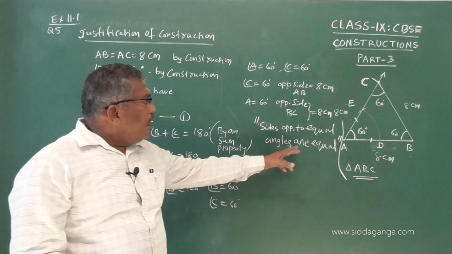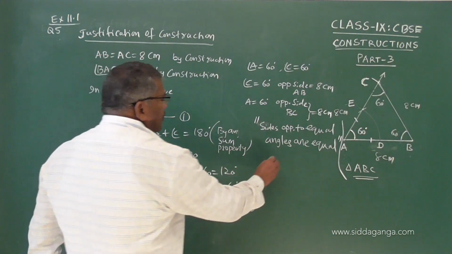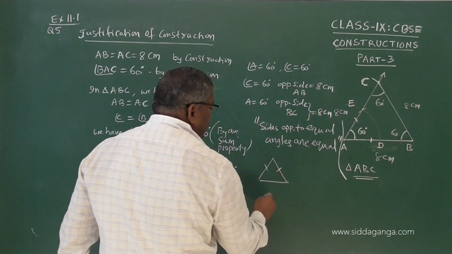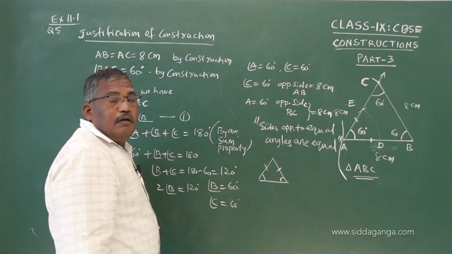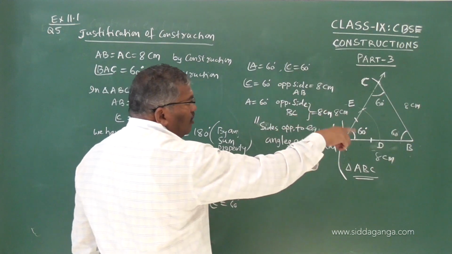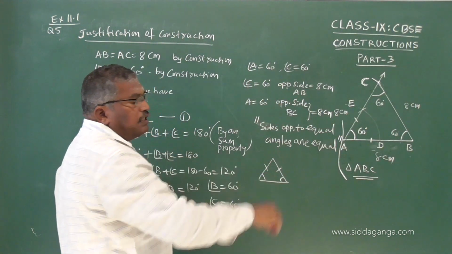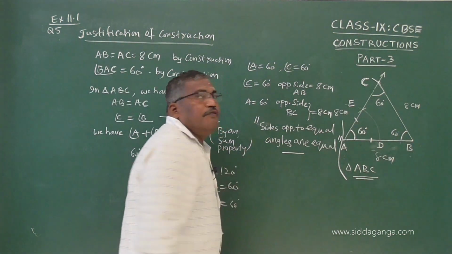So angles opposite to equal sides, that is why in an isosceles triangle these two sides are equal, therefore these two angles are equal. Likewise in this case all angles are equal, therefore all three sides must be equal. So this completes justification.